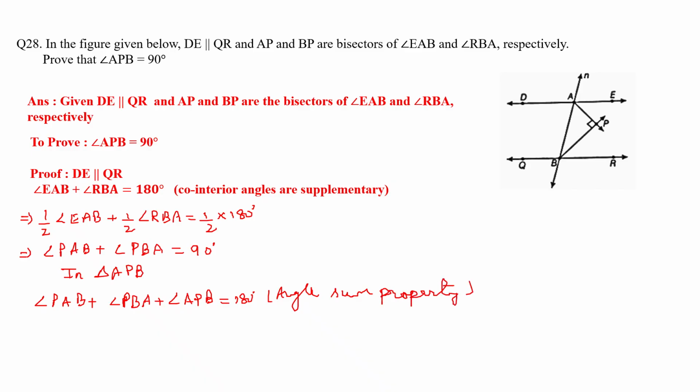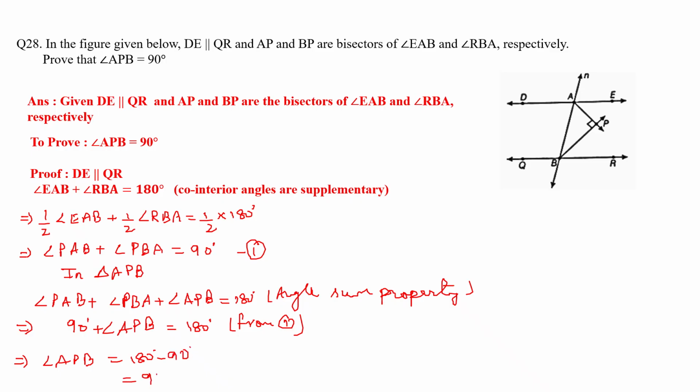This I will mark as number 1. PAB plus PBA is 90 degrees, plus angle APB is equal to 180 degrees, and here I will write from the first. So, angle APB is equal to 180 degrees minus 90 degrees, which is equal to 90 degrees. And this is what you had to prove, isn't it?